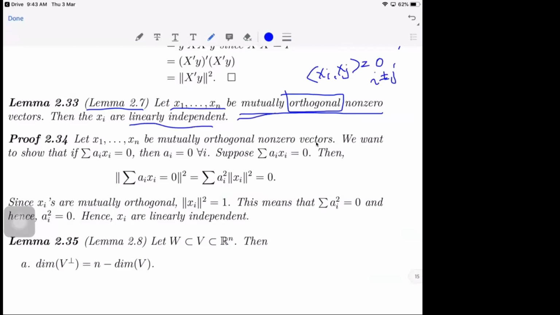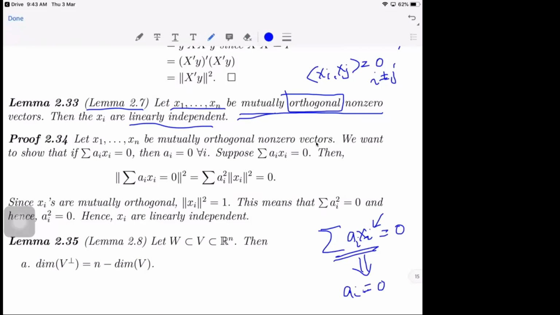Then we say that the x's there are linearly independent. Linearly independent means that if a linear combination equals 0, it implies that all your ai's are equal to 0. Then your xi's here are linearly independent.